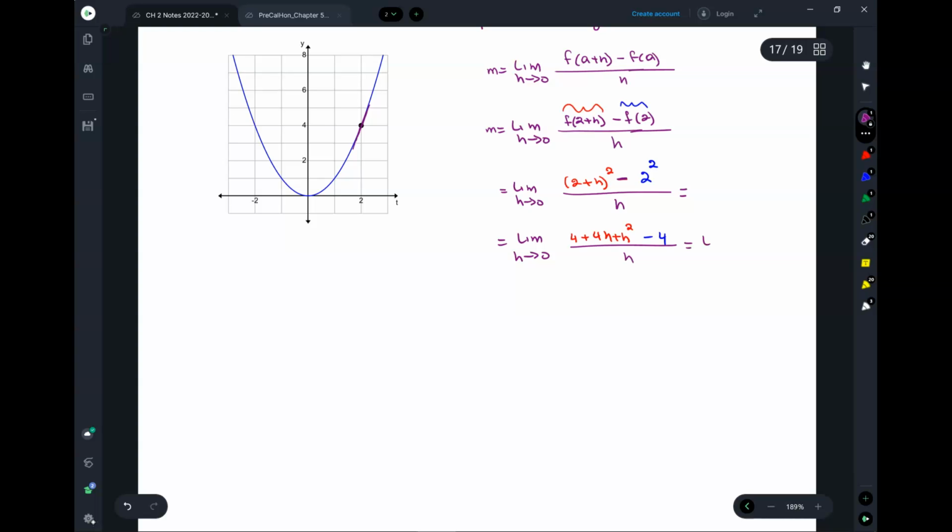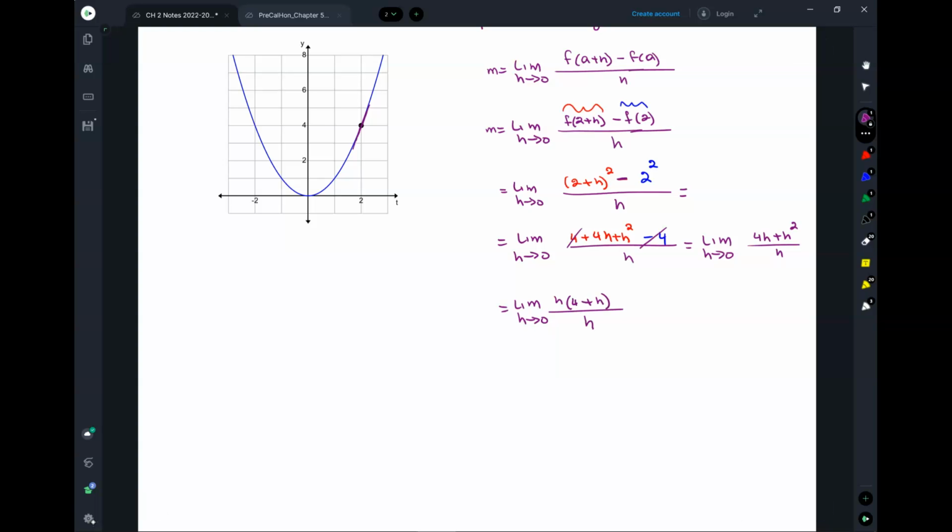Okay, this is equal to the limit as h approaches 0. 4 and minus 4 go away. So now I have 4h plus h squared over h. Now, limit as h approaches 0. I can factor out an h from the top, right? Yeah. So I get h, 4 plus h over h.